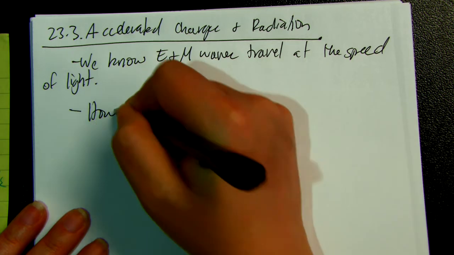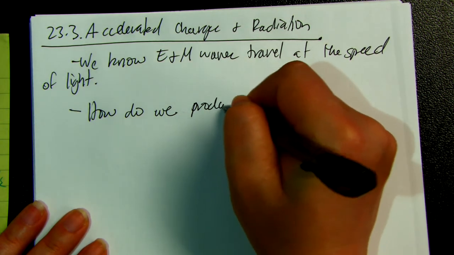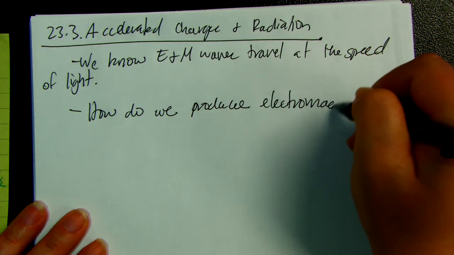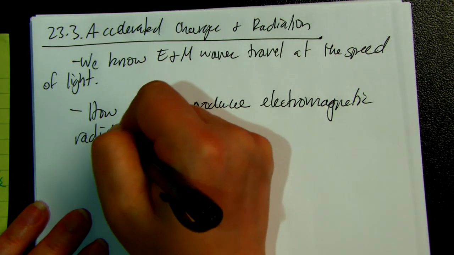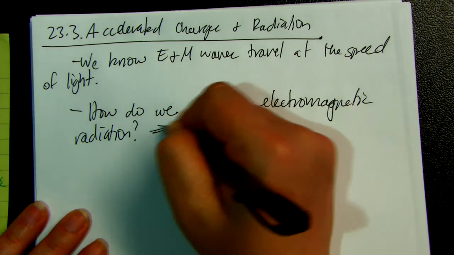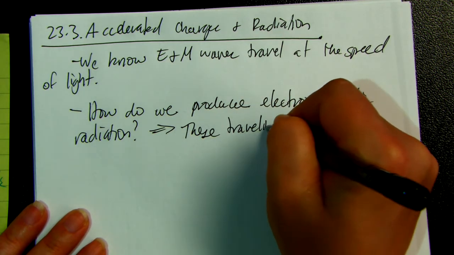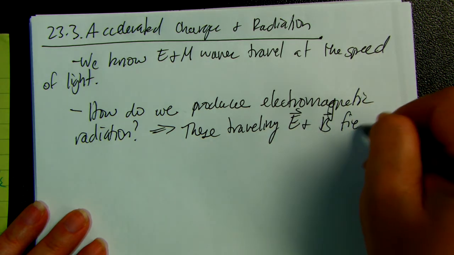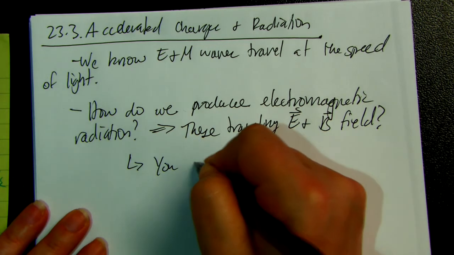So how do we produce electromagnetic radiation? You know, these traveling electric and magnetic fields. We accelerate a charge.